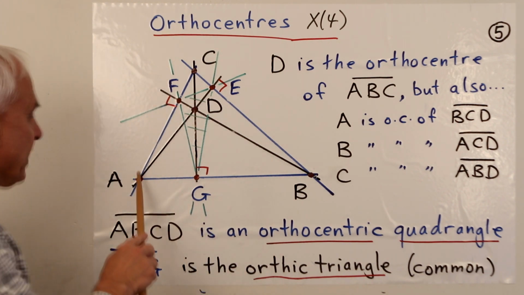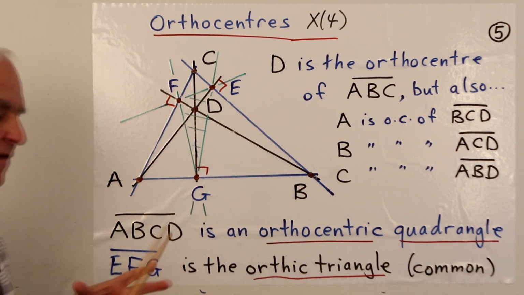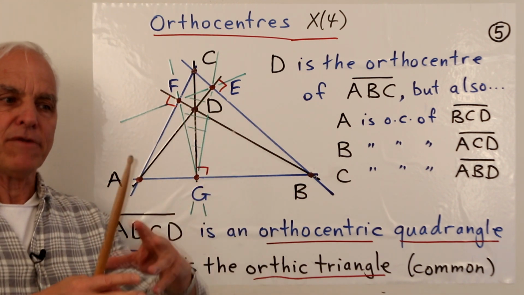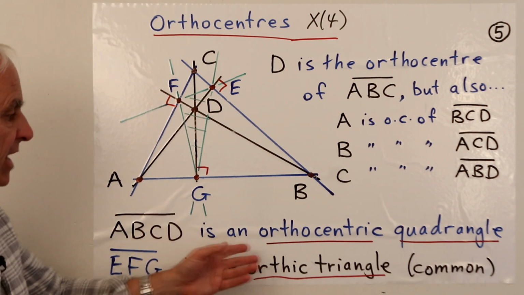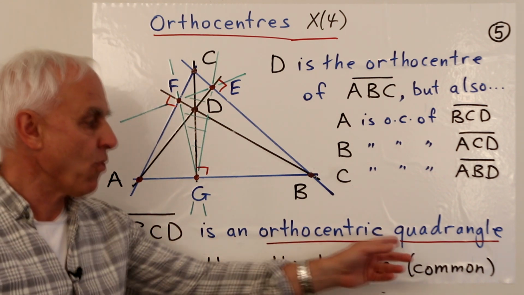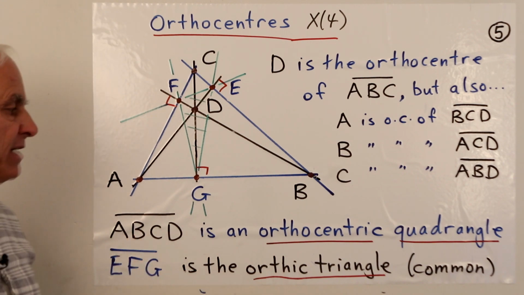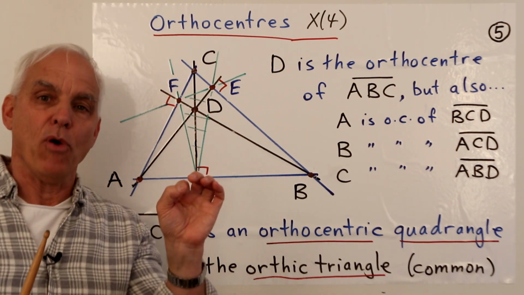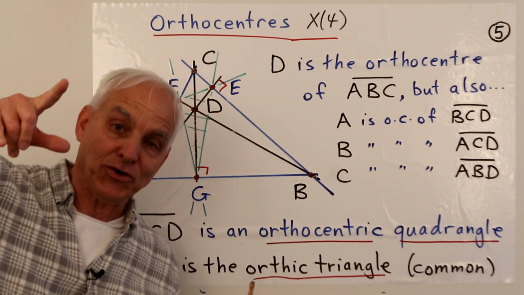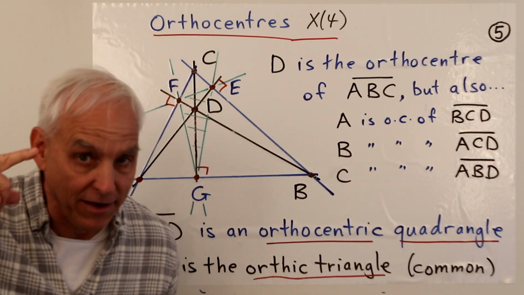These 4 points A, B, C, D have a very pleasant kind of 4-fold symmetry. And we say that they are an orthocentric quadrangle. So ABCD is an orthocentric quadrangle. Any one of those 4 points is the orthocenter of the other 3.